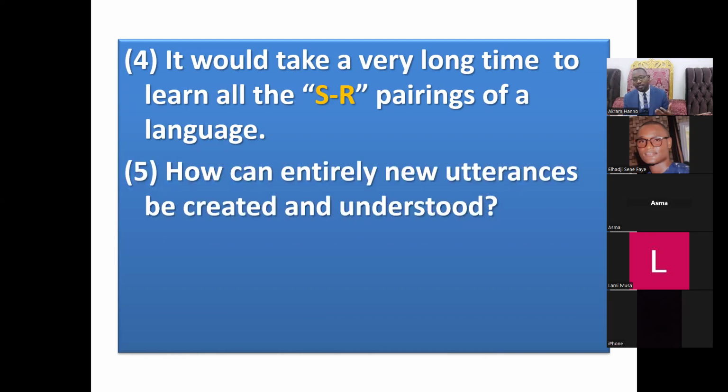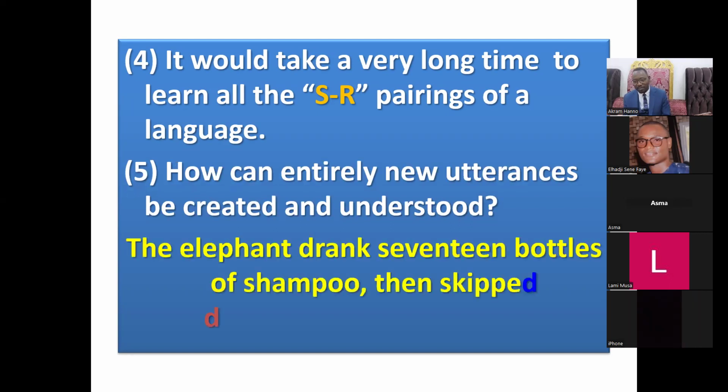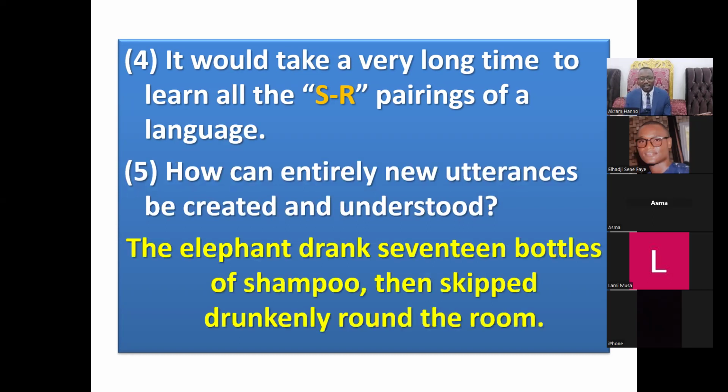How can entirely new utterances be created and understood? For example, look at this example: The elephant drank 17 bottles of shampoo, then escaped drunkenly around the room. Here it's just like Chomsky's idea in his book, Colorless Green Ideas.